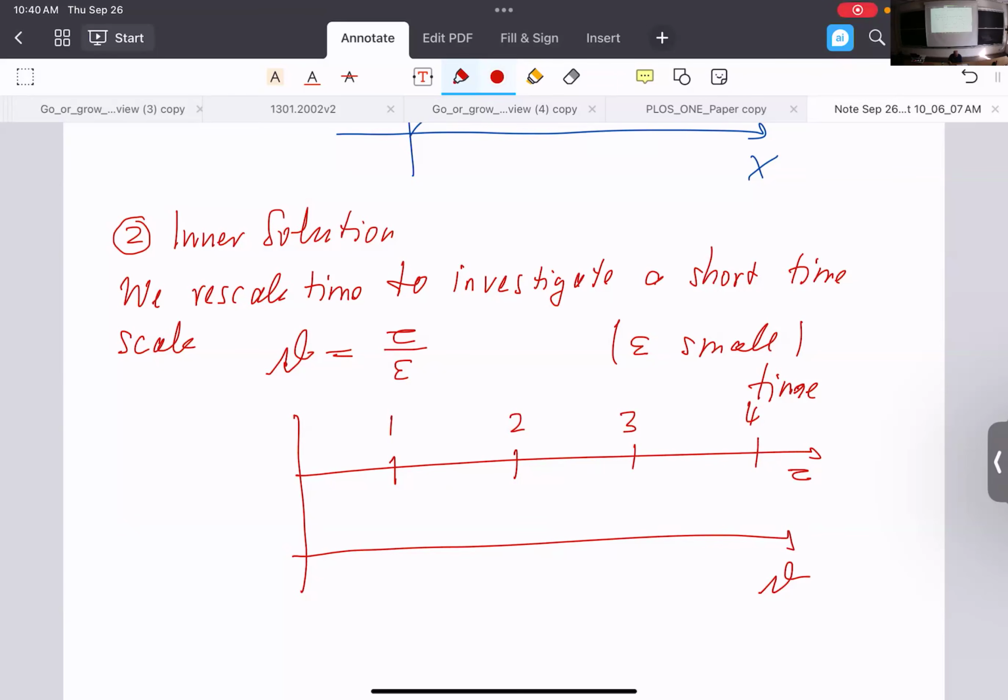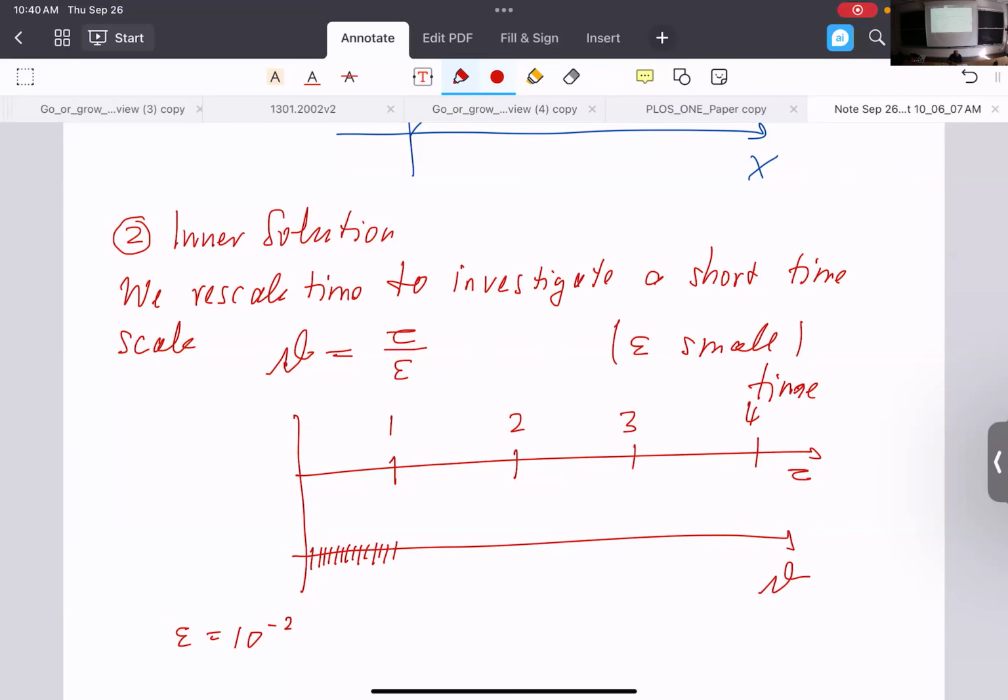But let's say epsilon is 10 to the minus 2. If I count the same distance in theta terms, I need to count much higher. So let's say theta is seconds. So then I mark all the seconds, and then I'm here. So how many seconds is one day?